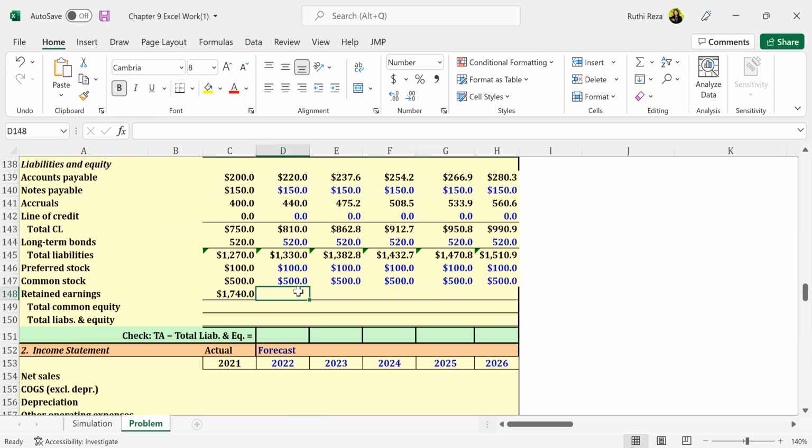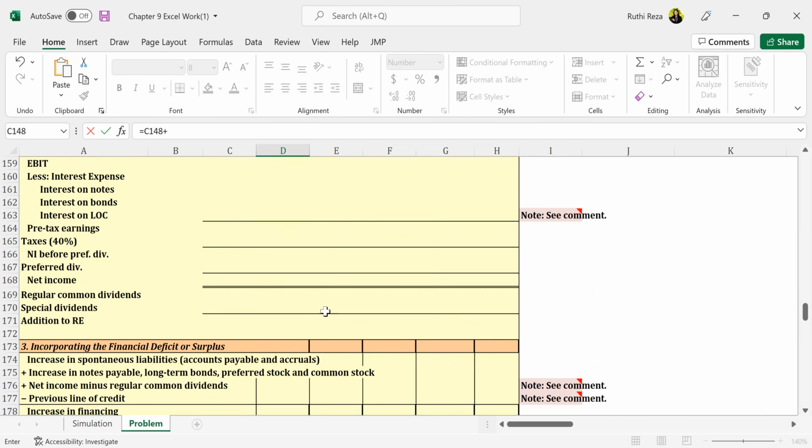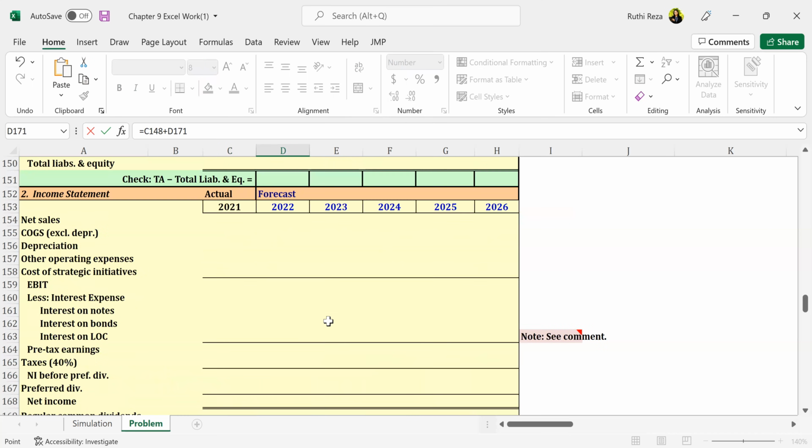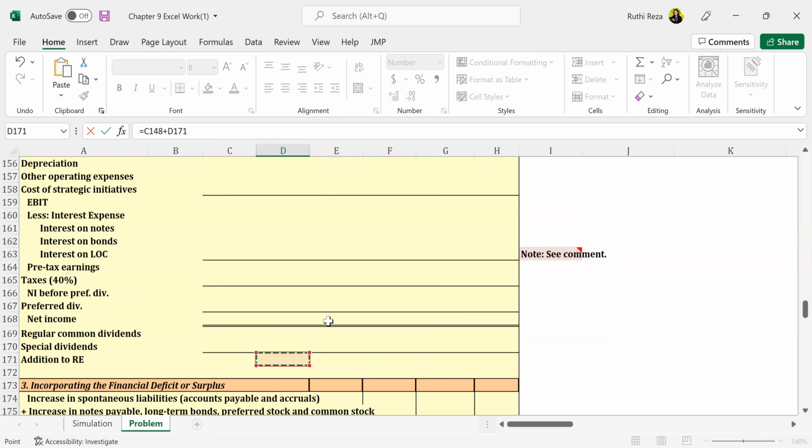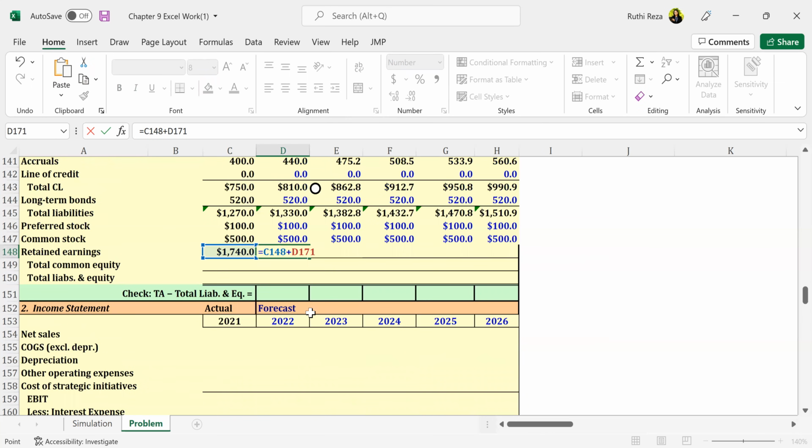Retained earnings, so retained earnings is equal to retained earnings in the previous year plus addition to the retained earnings in the current year. In the current year, that means now we're estimating retained earnings in the year 2022. So we are going to consider addition to retained earnings in the year 2022.